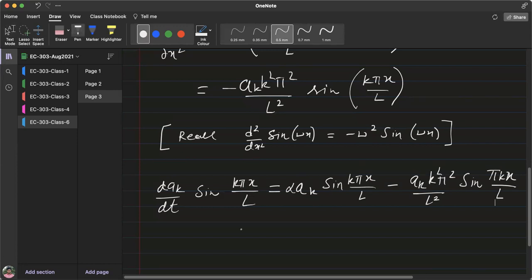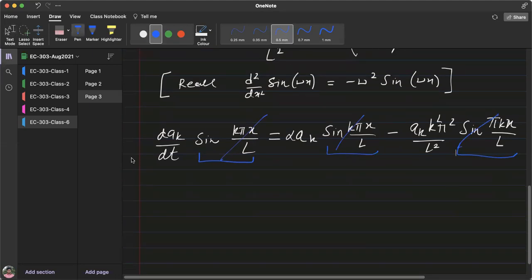Okay, fine. So what I'm going to do now is the obvious thing, which is I see that there is a sine everywhere. So I'm going to take this off. So if I do this, what am I left with now? dak by dt. This tells me the rate of change of the amplitude of the sine perturbation I have made.